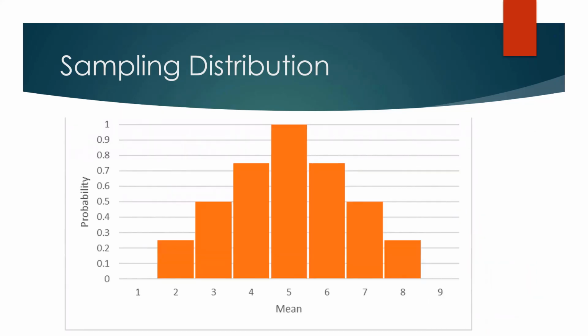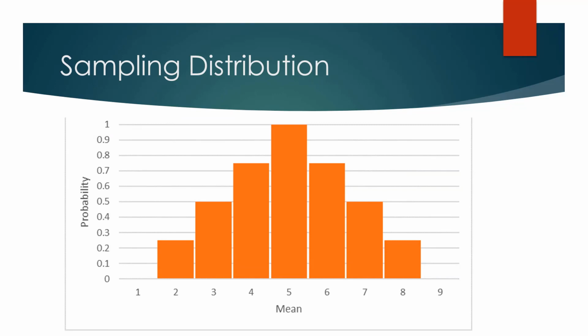So again, another picture I want to show you here: if we have a bunch of sample means and the mean is, say, 5, I want a sample mean that's close to 5, right? I don't want a sample mean that's 8 or 2, that's further from the population mean. I want one that's closer. And I should have a higher probability of getting one from the center, right? Because the more that it happens, the more likely I am to come across it.